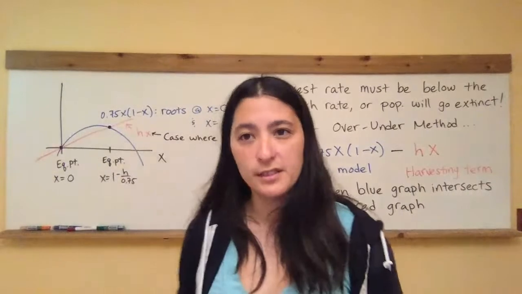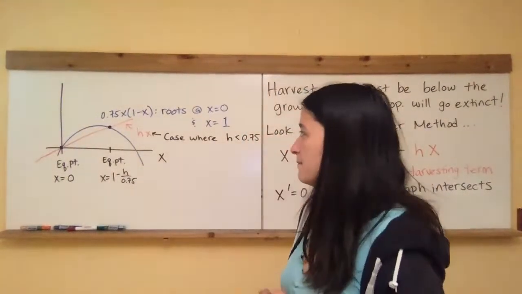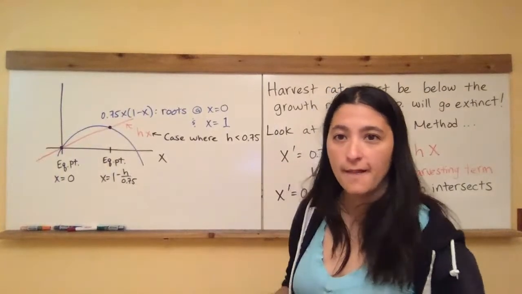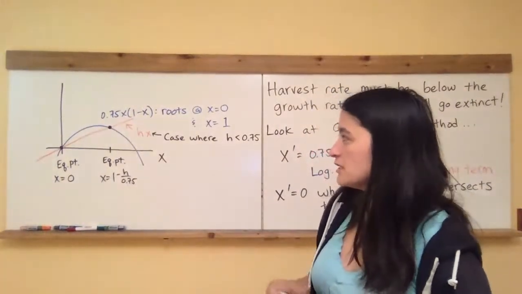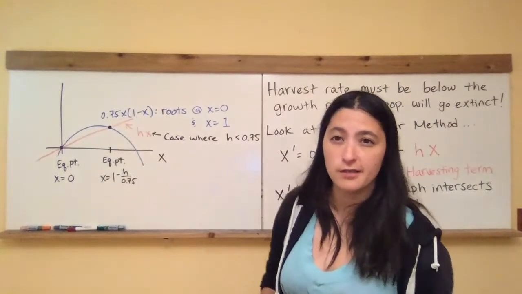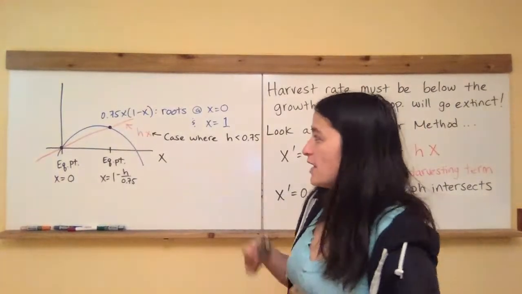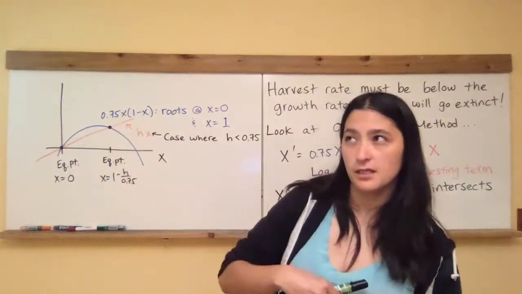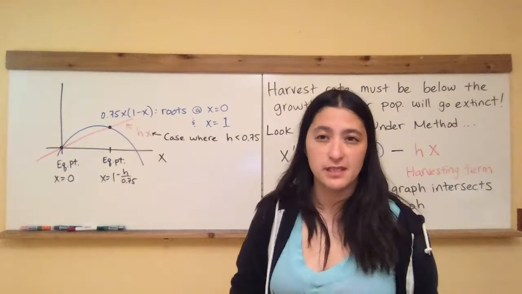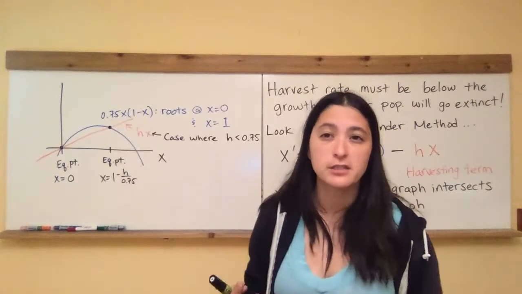Okay, so what this method does is it locates the equilibria as the intersections of the two colors, and then it allows us to understand stability by talking about whether x prime is positive or negative, right? Because if x prime goes from being negative to positive, that means that its derivative df dx is positive.